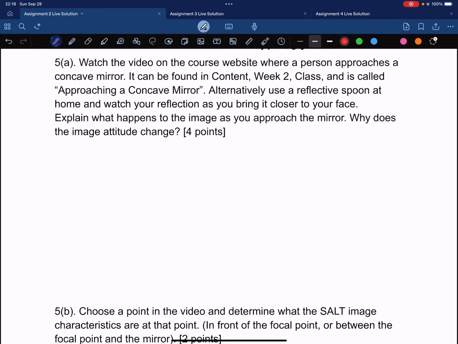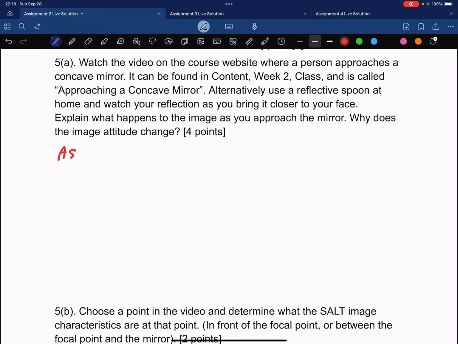The person starts off inverted, and they get larger and larger until you hit the focal point. Once you pass the focal point, the image flips. Then as you get closer and closer, the image becomes closer to the real size of the object. In this case, this is the person.